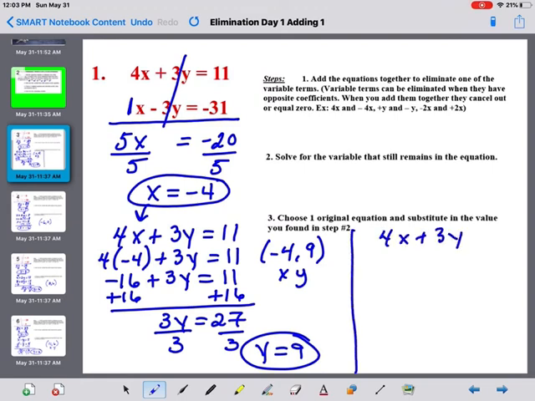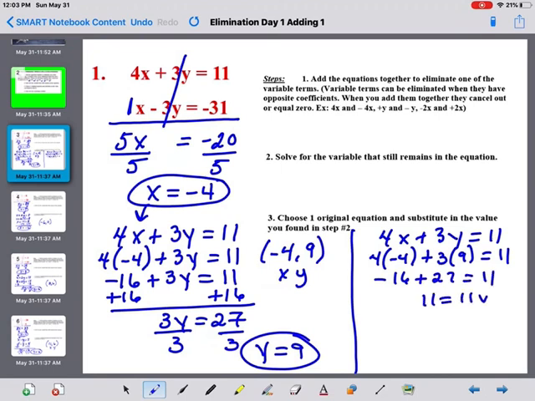So if I have one original equation that I recopy and I substitute in negative 4 and 9, negative 4 for x and 9 for y, I can do a check and make sure that the two sides come out to be the same. So it works for the first equation, and then I can do the same thing for the second equation. I showed you guys this with the graphing, and the same holds true with the algebra.